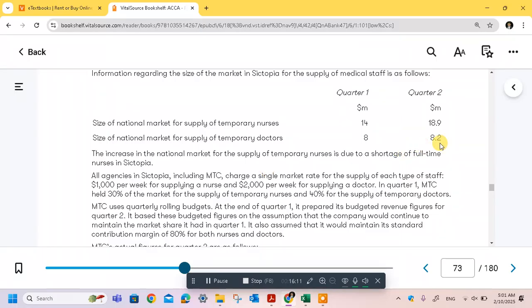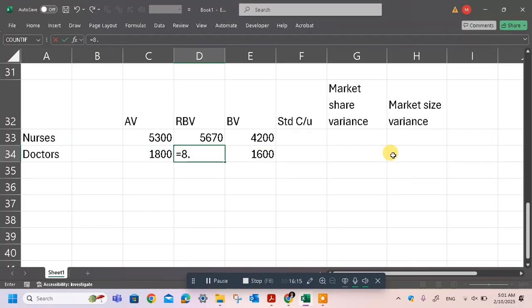Then new market size for doctors 8.2 million. 8.2 million divide by 2000 to get the number of units, 40% market share.